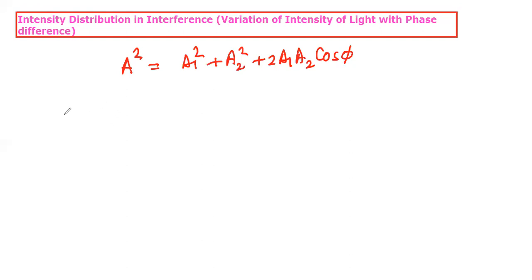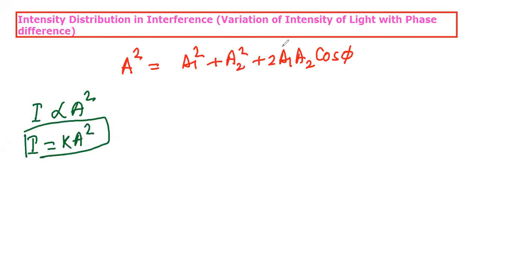Now you know that intensity is directly proportional to the square of the amplitude. So we can obviously write that intensity is equal to some constant k times A square. So if I multiply k to both sides, what shall I get?